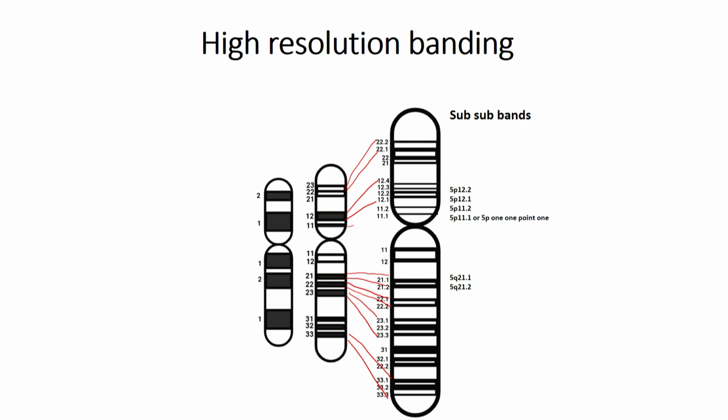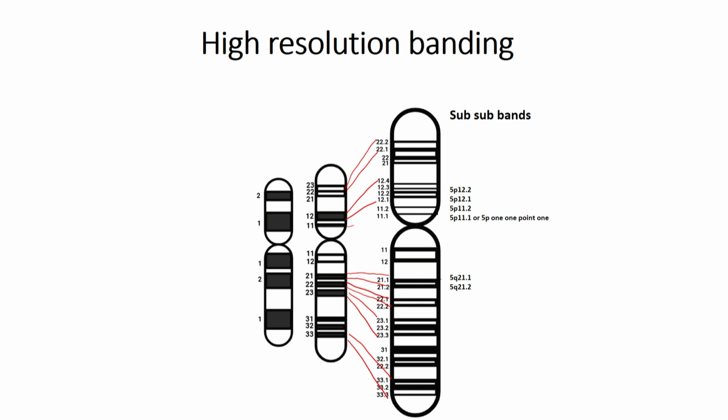So if I have to say chromosome number 5, position Q, and second band, first subband, and first sub-subband, so I'll reach here. 5Q, this is Q arm, this is 5th chromosome, band number 2, this is 2, 1, and this is 2, 1, 0.1.